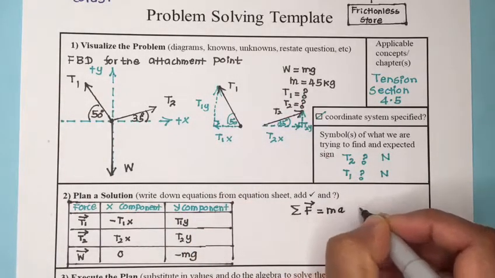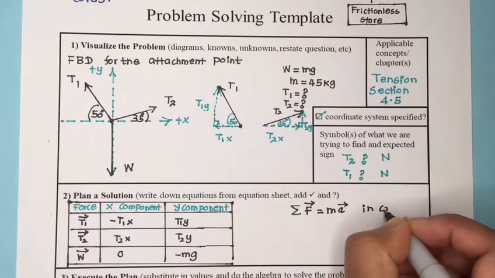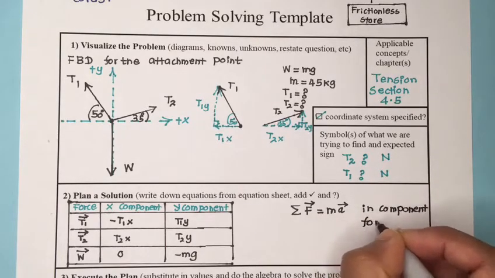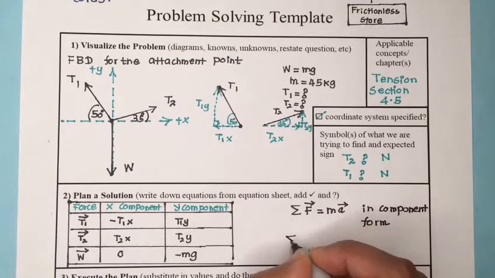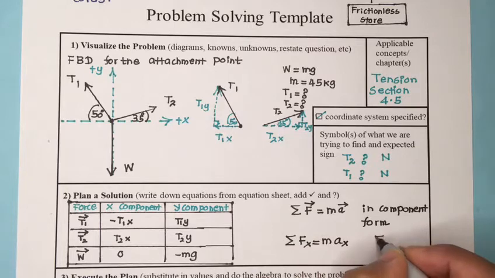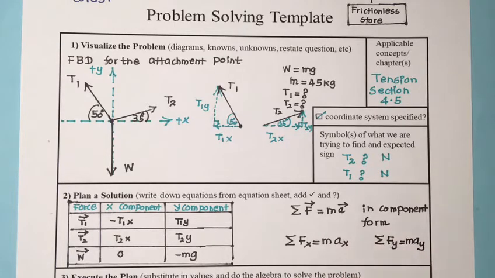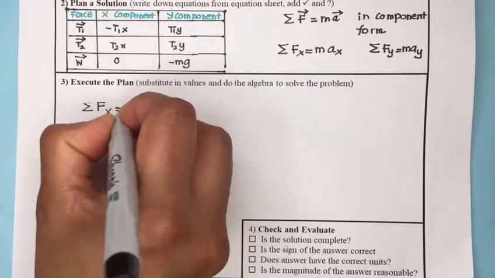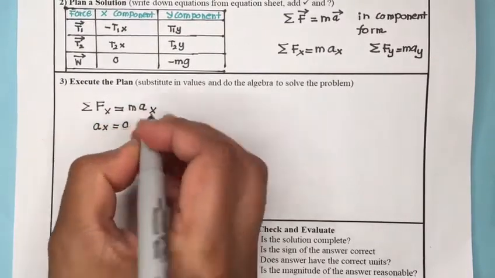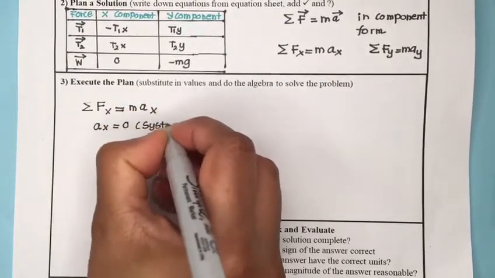And now we are going to use Newton's second law, the component form: one equation for the net force in the x direction, and another equation for the net force in the y direction. Now I'm going to look at the net force in the x direction, and the acceleration in the x direction is 0 because the system is stationary, it's not moving.